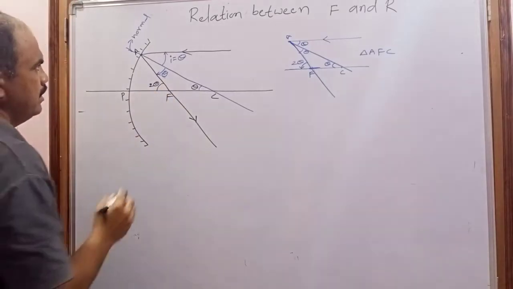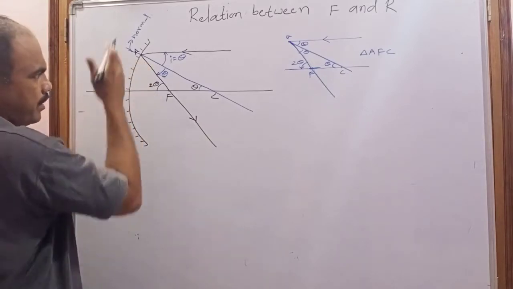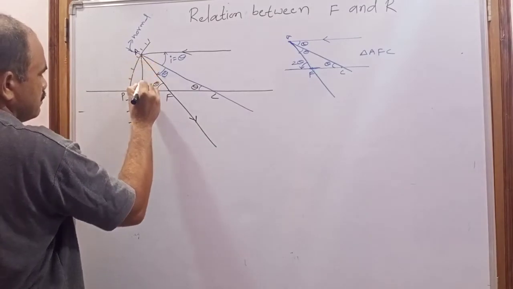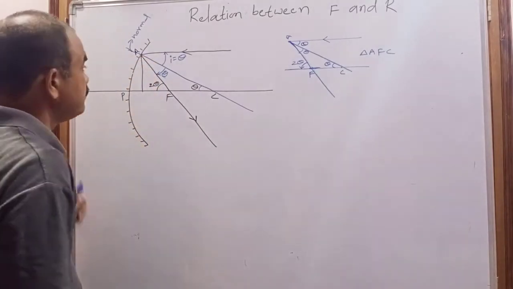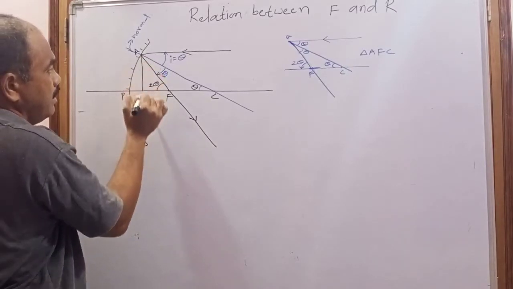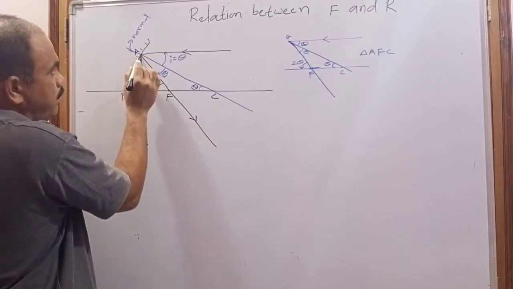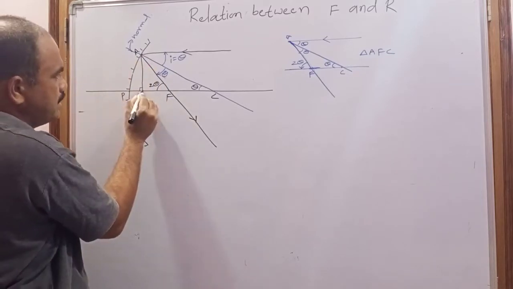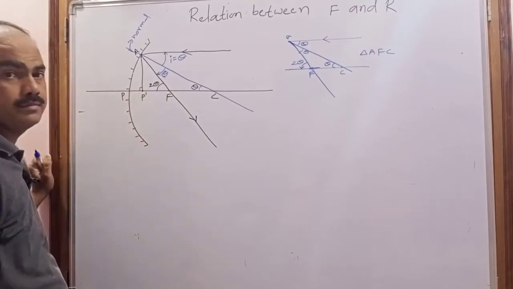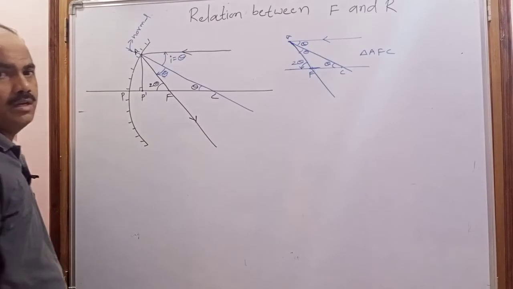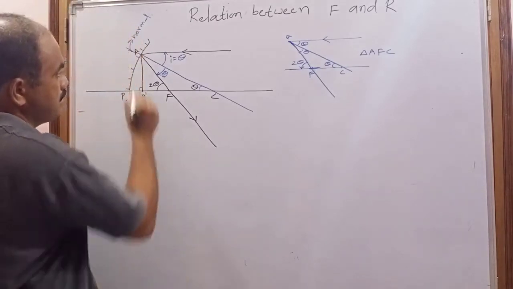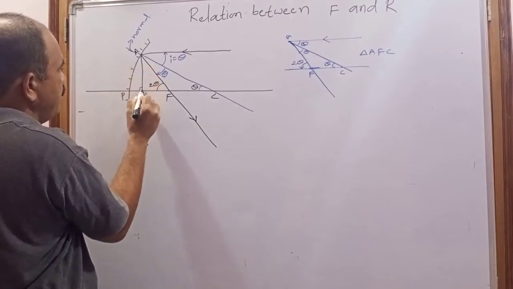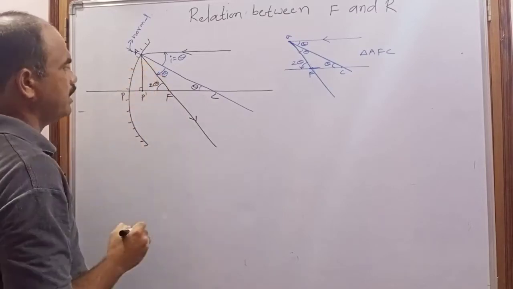After that I am drawing a normal, or perpendicular line, to the principal axis from the point of incidence. This is a vertical line from the point of incidence to the principal axis. Consider it intersecting at a point P dash. Now two right angle triangles are formed because of this drawing. One is A P dash F, this is the first right angle triangle.